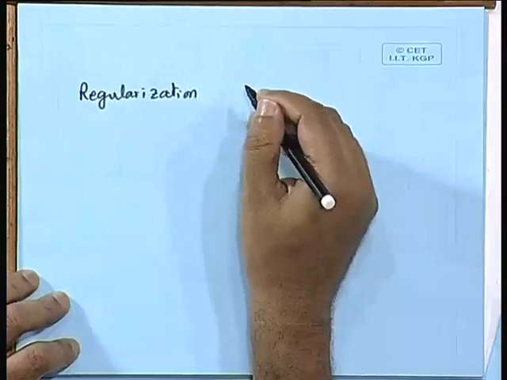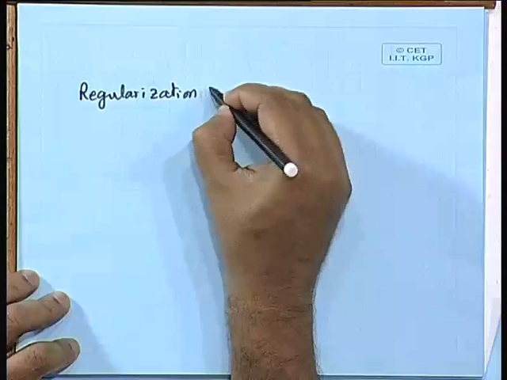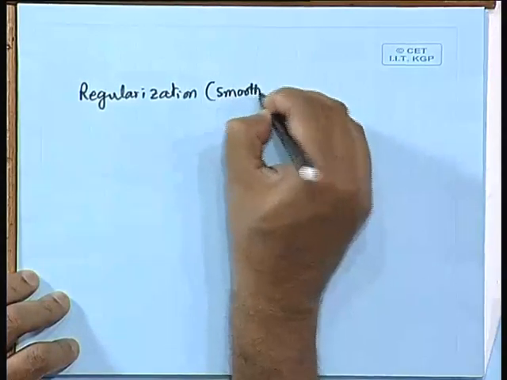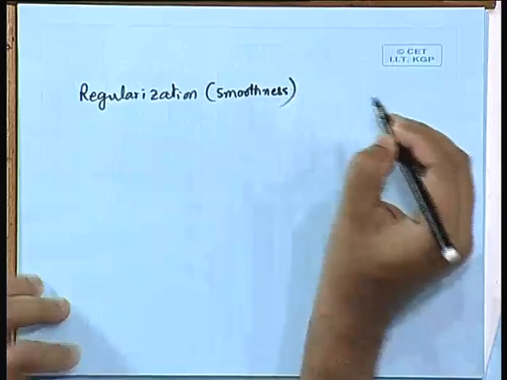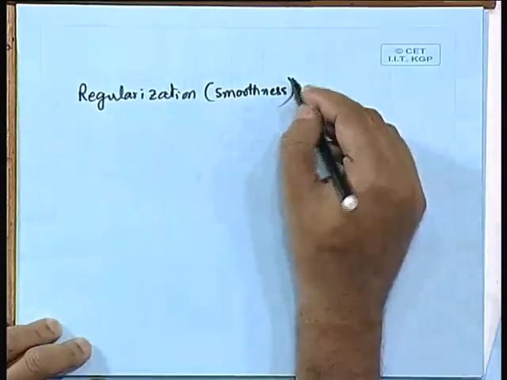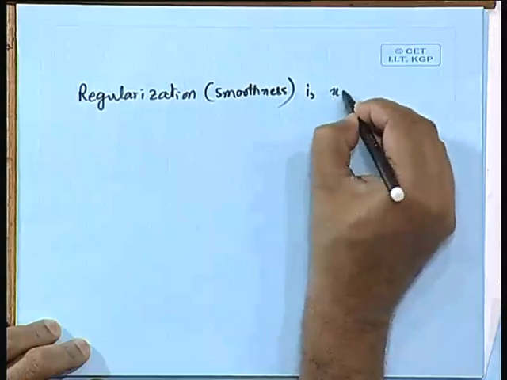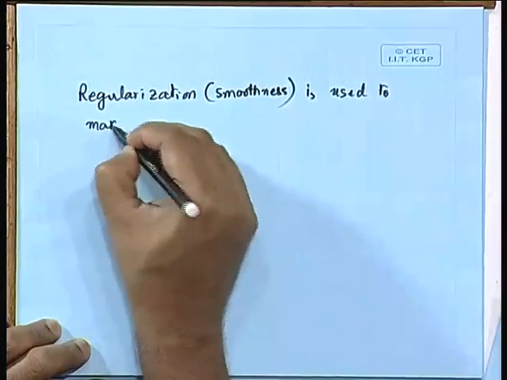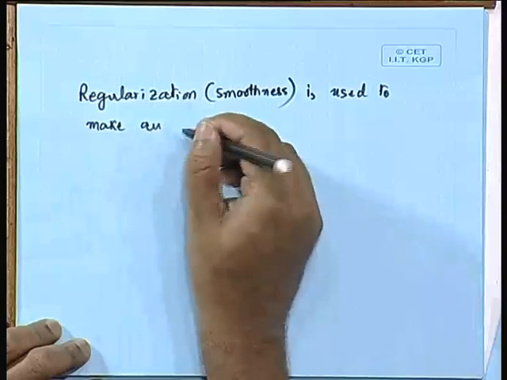Regularization may appear to be more sophisticated English; more common English would be smoothness. We want to make the surface smooth, that is all. So regularization or smoothness is used to make an ill posed problem into a well posed one.